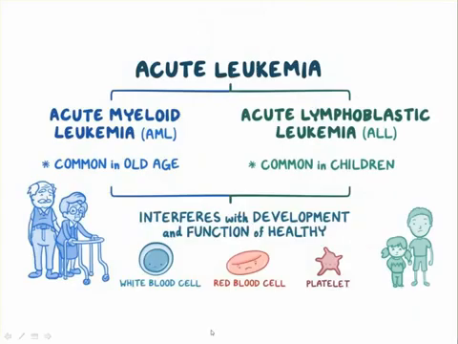And just to remember that acute myeloid leukemia is common in old age, and acute lymphoblastic leukemia is common in children, and both interfere with the development and the function of the healthy cells, including the rest of the white cells, the red blood cells, and the platelets.